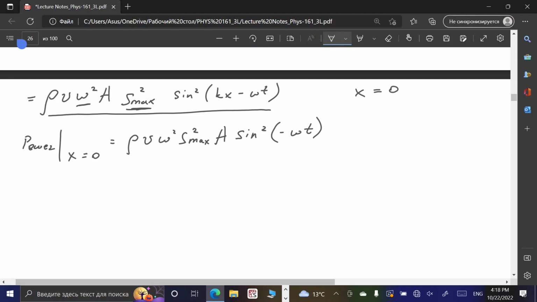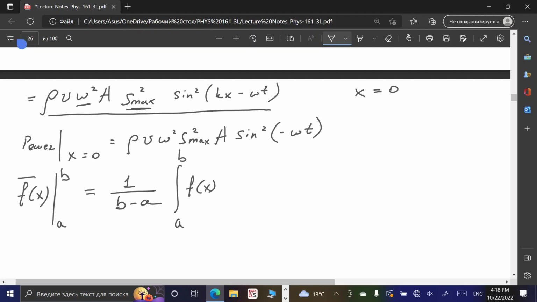If we have some function f of some independent variable x, and we want to get the average value of this function in the interval from a to b, the general equation is the following: 1 over b minus a times the integral from a to b of this function dx.